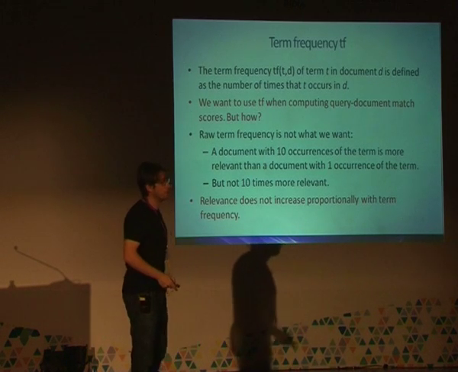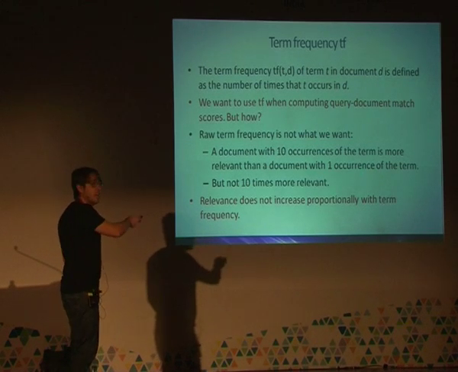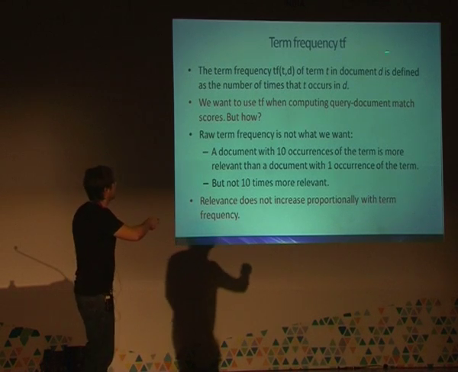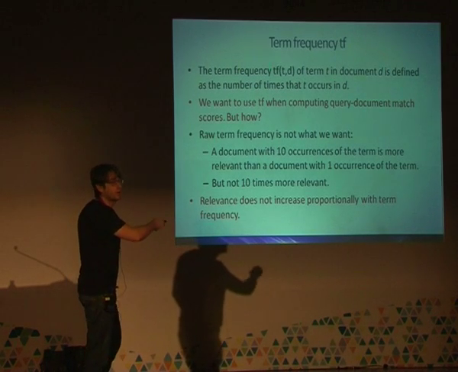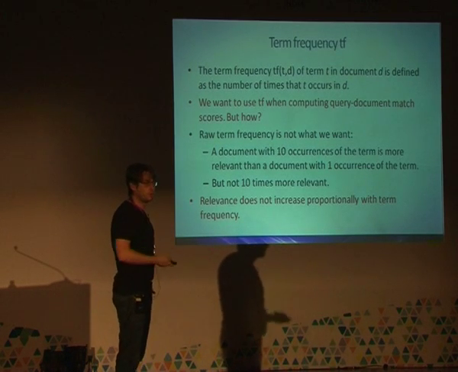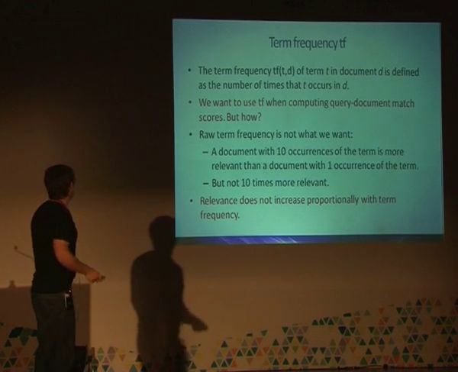Makes sense. But maybe not 10 times more relevant. So you don't want a linear relationship between relevance and term frequency. You want something that saturates, sort of like a logarithm, or sigmoid, for machine learning people. So relevance does not increase proportionally with term frequency.